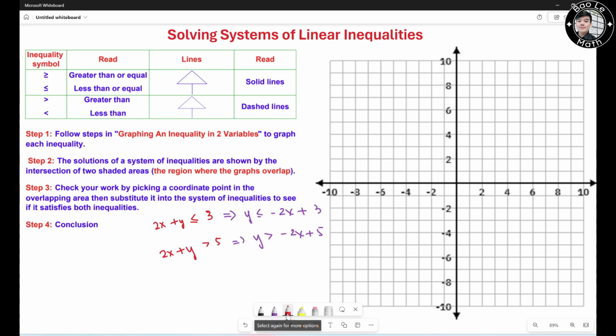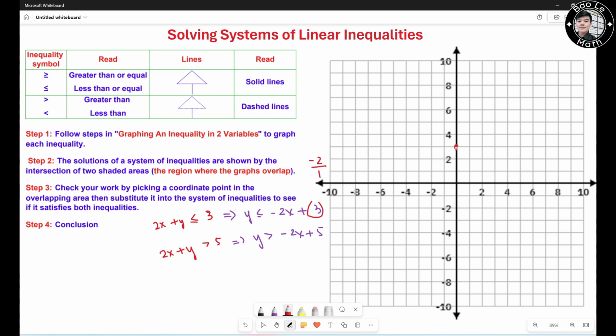And you see that this inequality and this inequality have the same slope, which means the two lines should be parallel. Alright, so we start from the y-intercept 3. So I have 3 right here, and then the slope is -2, which means -2/1.